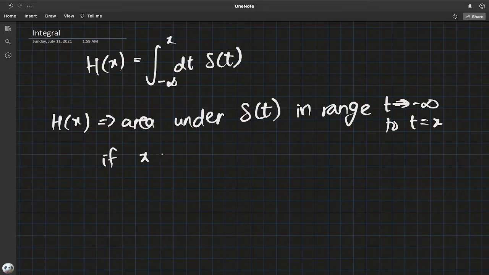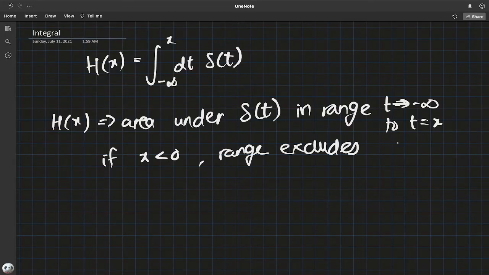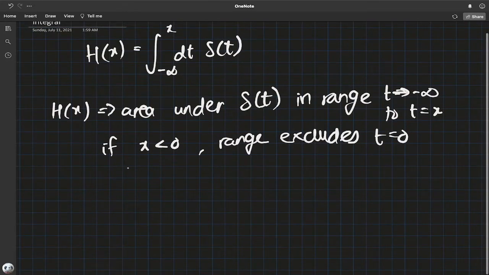So if x is less than 0, my bad, the range excludes t equals 0, which is the zero of the delta in the normal default case.